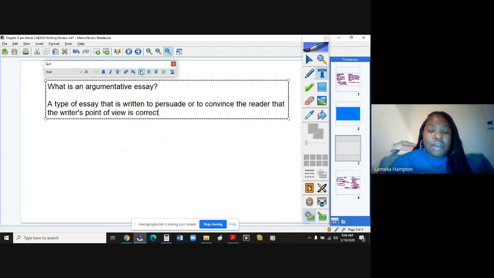Now, again, I always like to break down words simply because when we understand how words work, it makes sense, and we can apply that particular concept better. So the key word in argumentative essay would be argument, but I'll take it a step further and say argue.